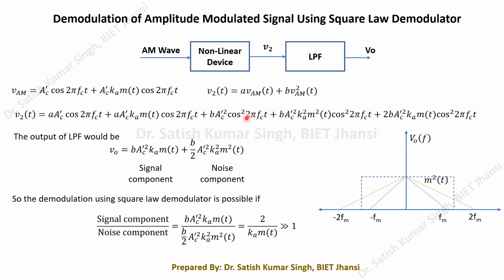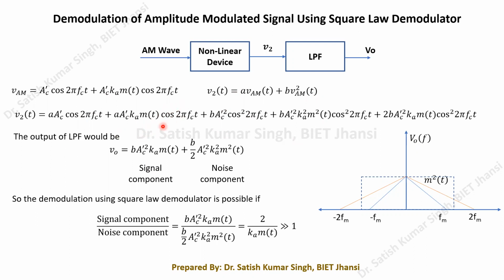The rest of the terms will be rejected by the low pass filter because they are all high frequency components. You remember that all the other components will be rejected because we are passing through the low pass filter. The low pass filter is going to reject all higher frequency components, because this frequency component is around FC.